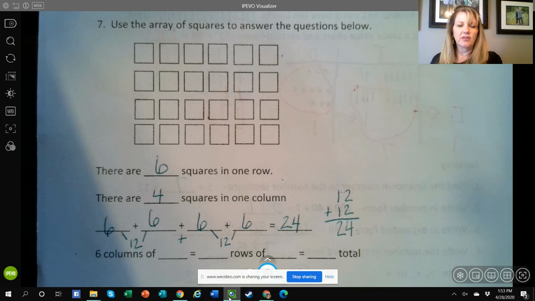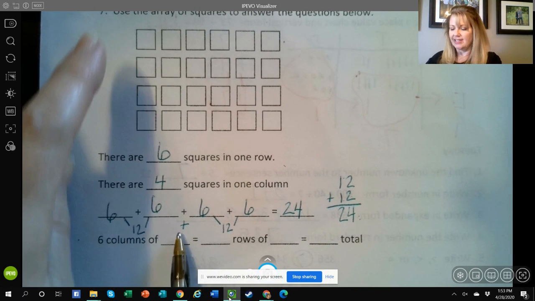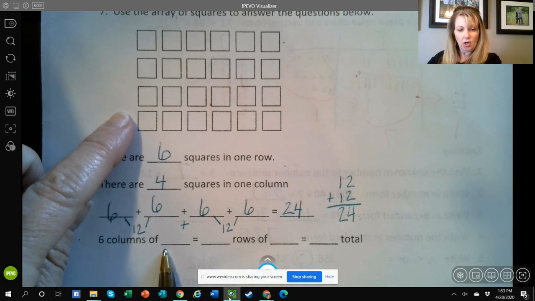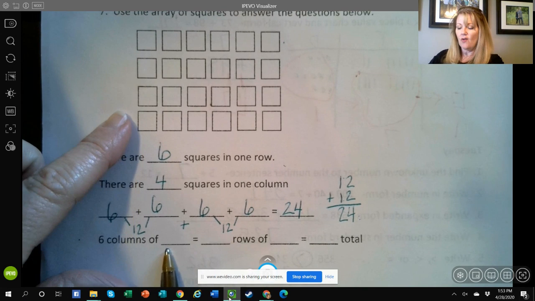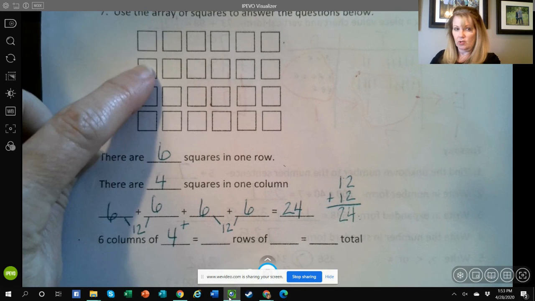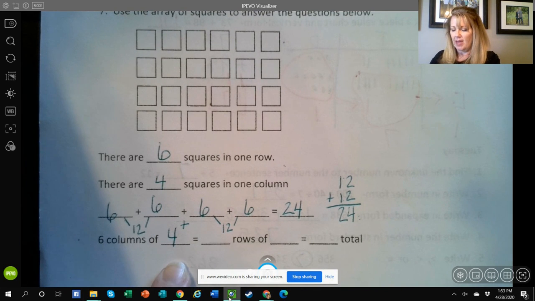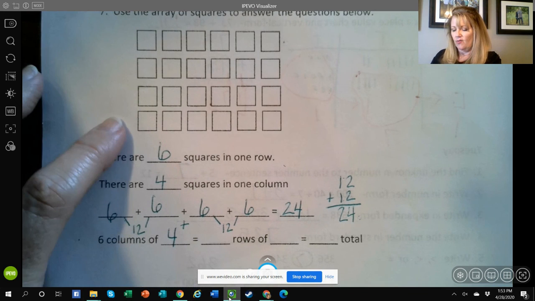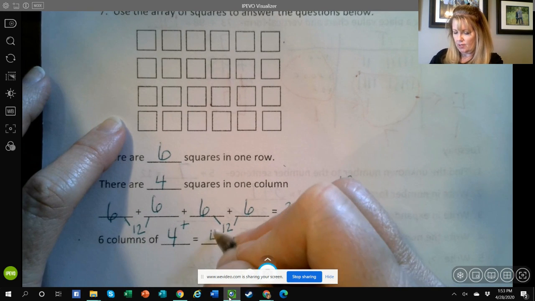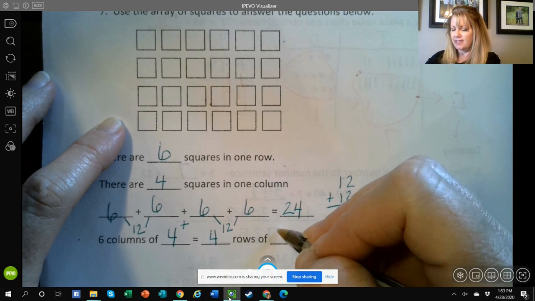Now this is how we can talk about the whole thing. We had 6 columns, and how many was in a column? 6 columns of 4. Remember, there's 1, 2, 3, 4 in a column. 6 columns of 4 equal 4 rows of 6.